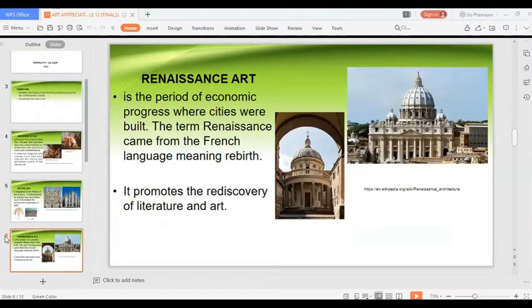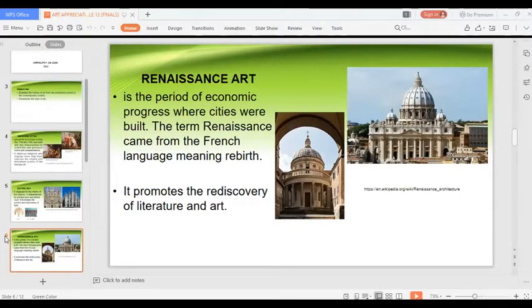Another style of art is from the Renaissance. Renaissance art is from the period of economic progress where cities were built. The term Renaissance came from the French language meaning rebirth. It promotes the rediscovery of literature and art.